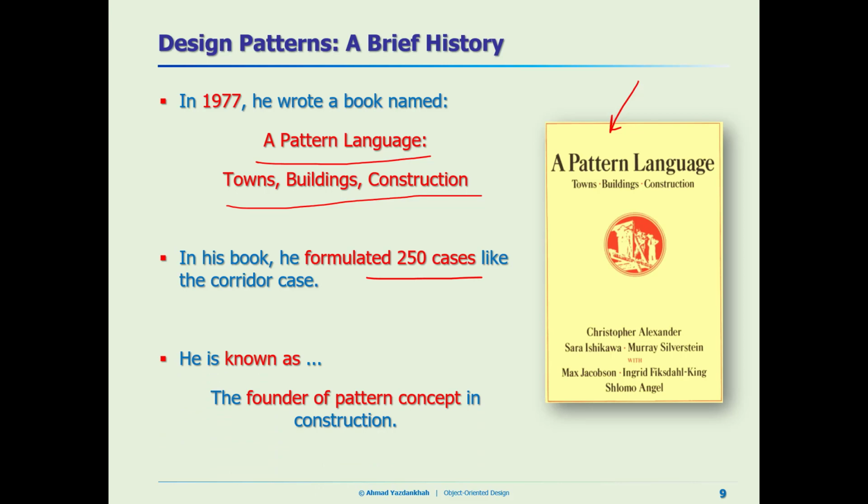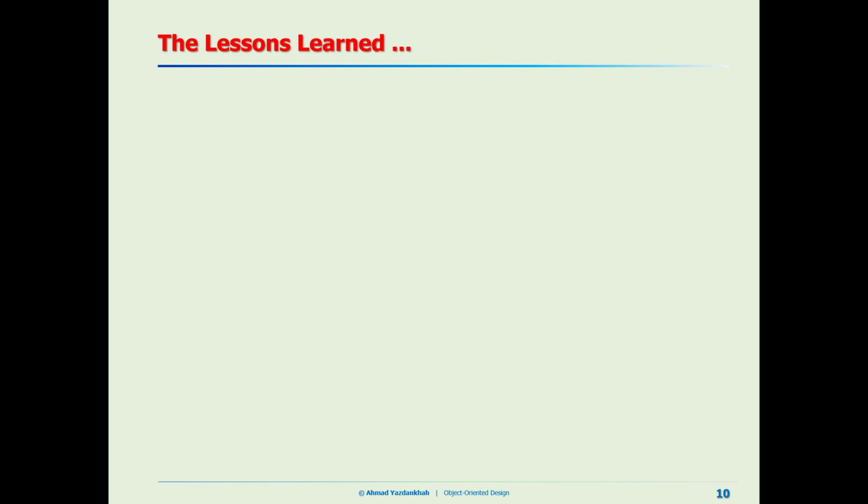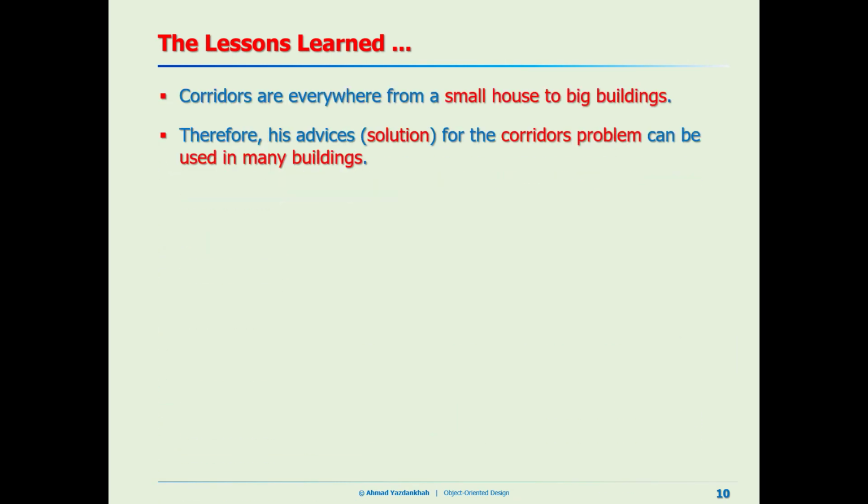Actually, it was in construction, but after that, this idea was extended to other majors as well. So the lessons that we learn from his findings: corridors are everywhere, right? A small house, big buildings, anywhere, hospitals, yeah.